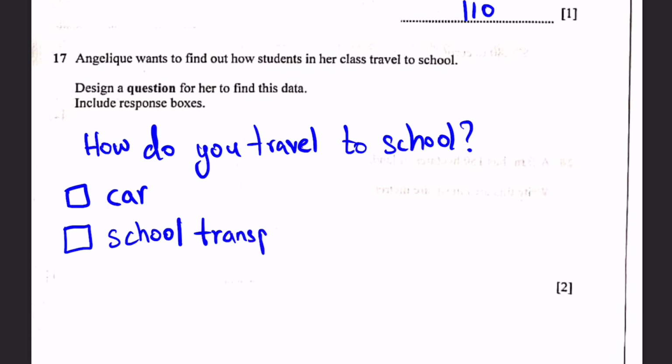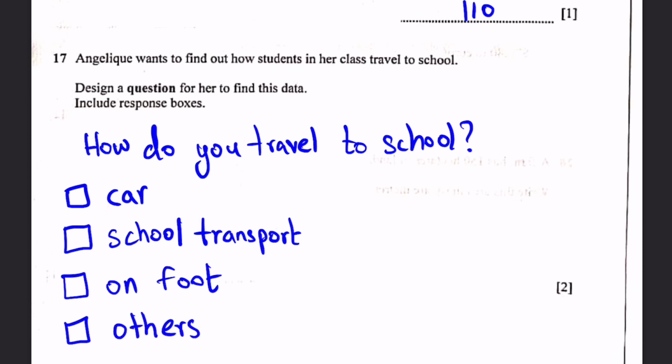Next we can say on foot, which means walking to school. We don't need more than 4 options, so let's just say others, because it's evident that others will likely be a bicycle or a bus, but there are many other modes of transport you can use to get to school, and others is the common word for that.